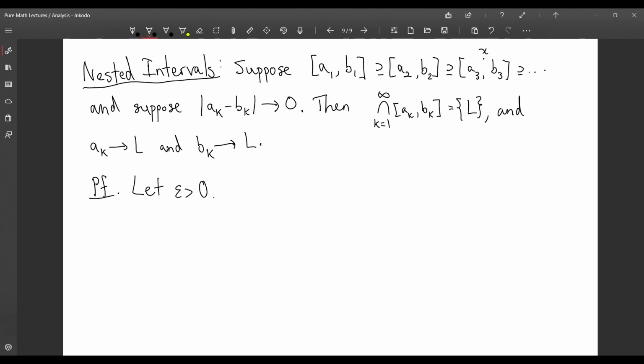And we're going to use this limit here, so there's some big N in the natural numbers such that n greater than or equal to big N implies that the distance between b sub n and a sub n is less than epsilon.